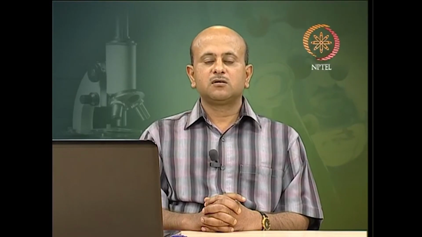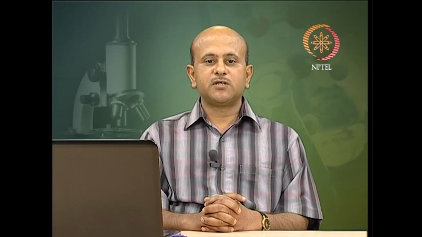Now, let us summarize the two things we have seen, physical optics and geometric optics. In geometric optics, we discussed focus and aberrations, where the lens focuses the light on a certain point, called the principal focal point, and image formation takes place depending on where the object is placed.